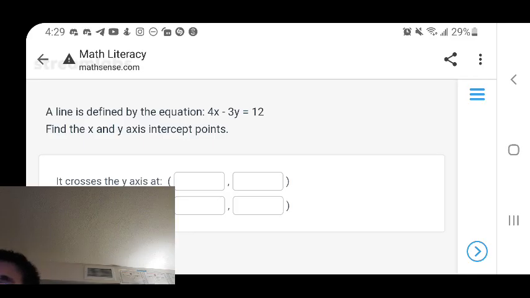Y-intercept is when it crosses the y-axis.